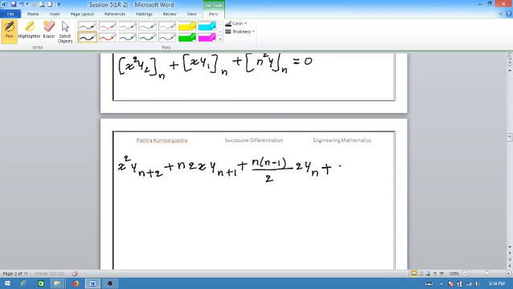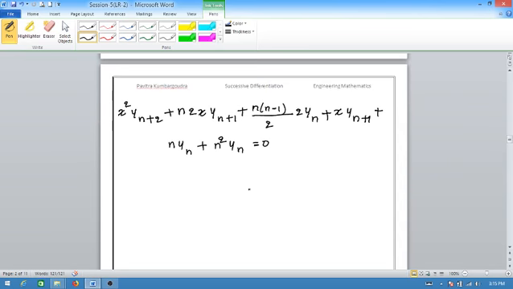Then plus next x into y1 nth derivative. x as it is, nth derivative of y1 is yn plus 1 plus nc1 is n, n minus 1th derivative of y1 is yn. So differentiation of x is 1. Now next term plus n square is constant, nth derivative of y is yn. So that is equal to 0.